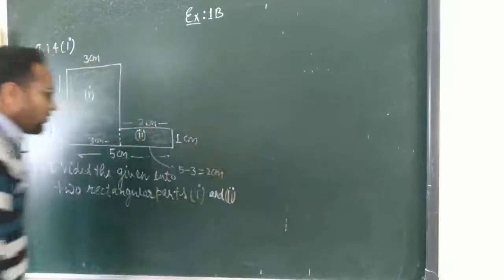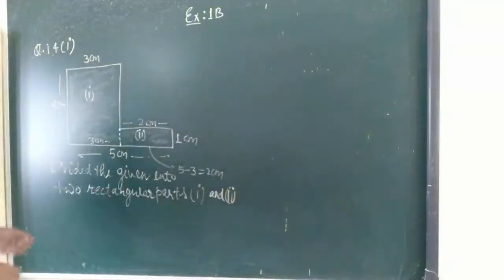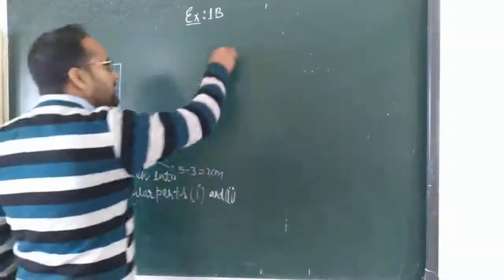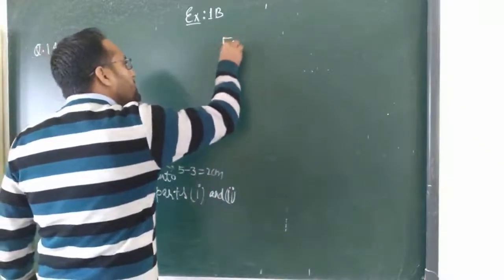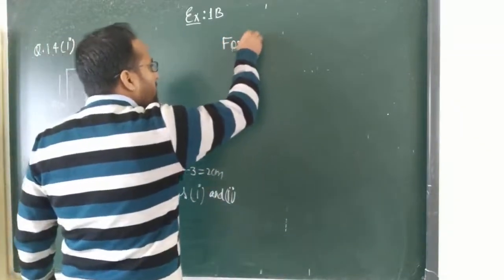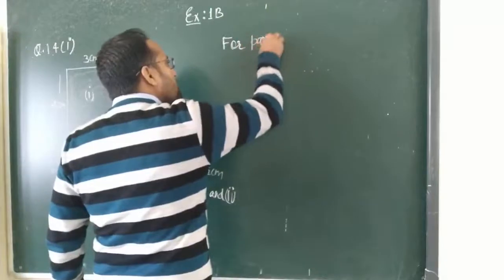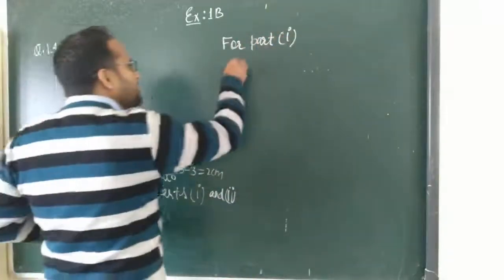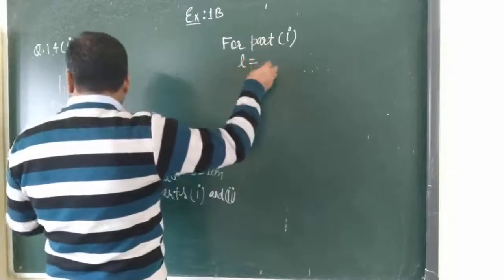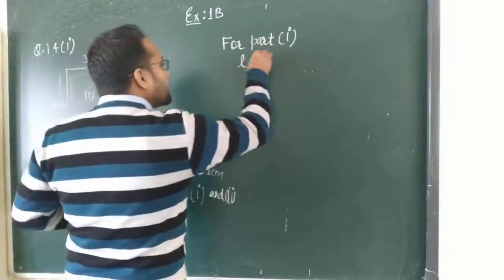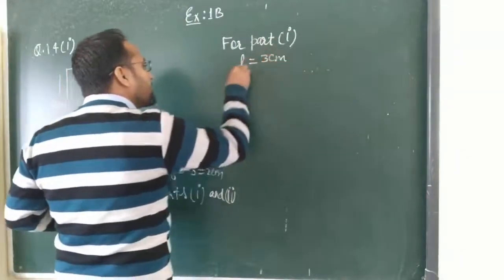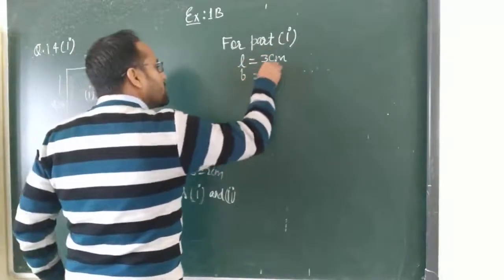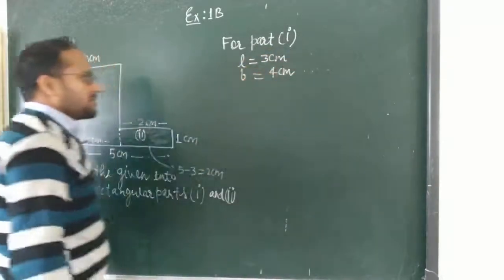Now I am going to calculate the area of the first part. For part 1, the length is 3 centimeters and the breadth is 4 centimeters.